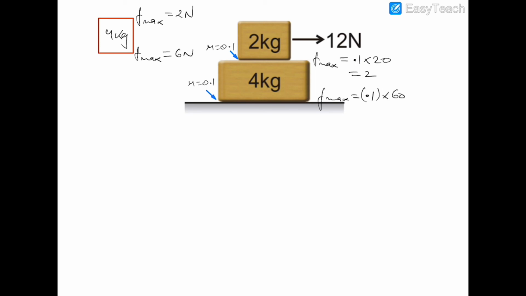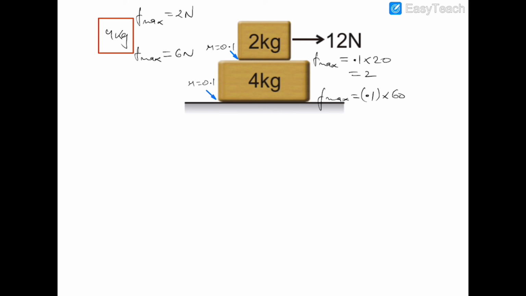Now you can feel that if this force of 12 Newton is applied on the 2 kg block, the upper block, then the 4 kg block may move along with the 2 kg due to the friction which will be applied by the 2 kg on the 4 kg.